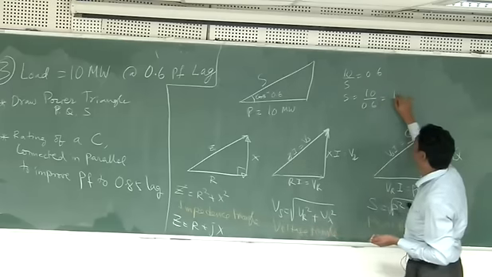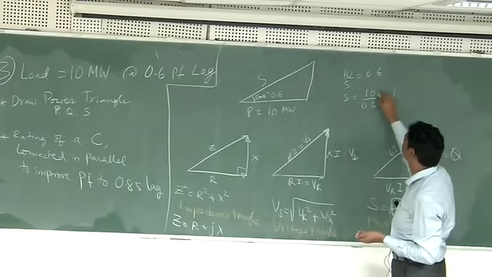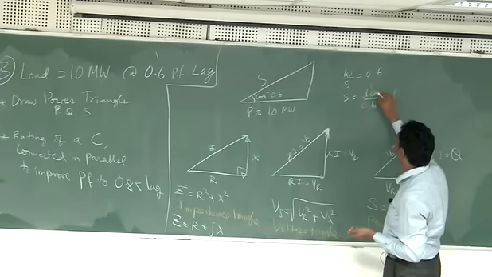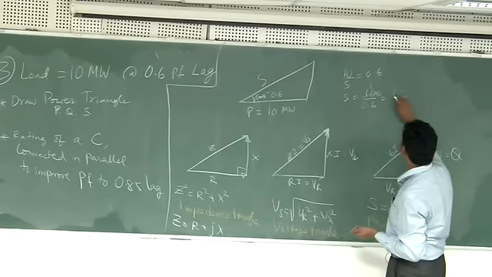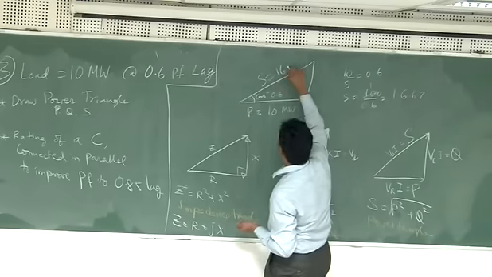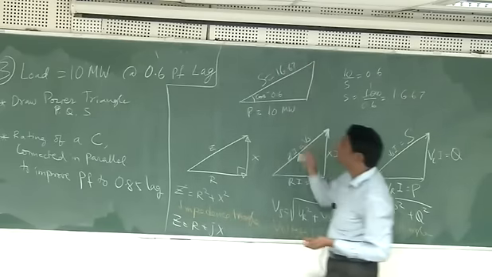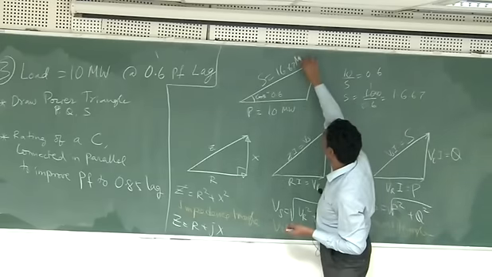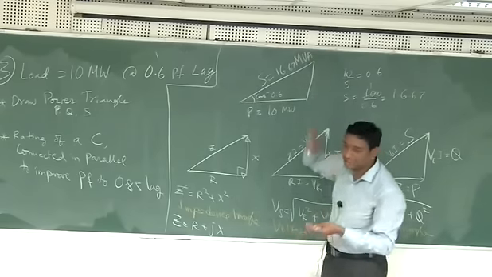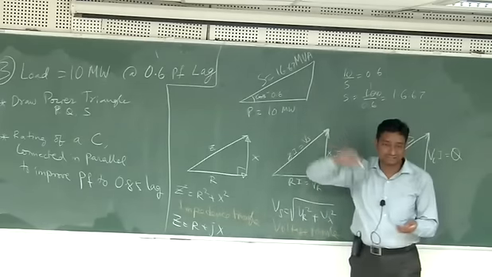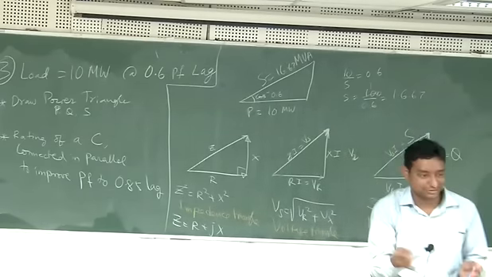So that will be how much? 100 by 6, 16.67 something. Okay, so this is 16.67. What is the unit for that? This is MVA, megavolt amperes. And this one, square root of 16.67 square minus 10 square, and then you will find something.